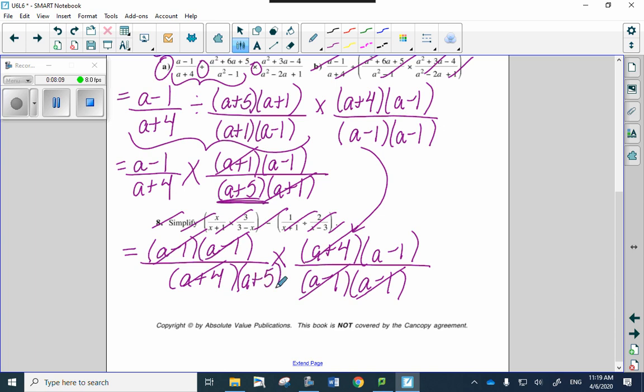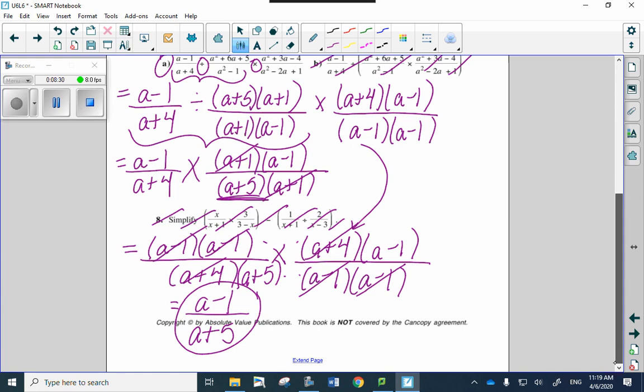Then all that we're left with, again, multiply top times top, bottom times bottom: a minus 1 on the top, all divided by a plus 5 on the bottom. I cannot simplify that any further, so that would be my final answer.